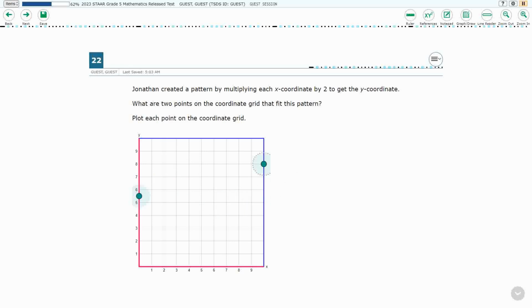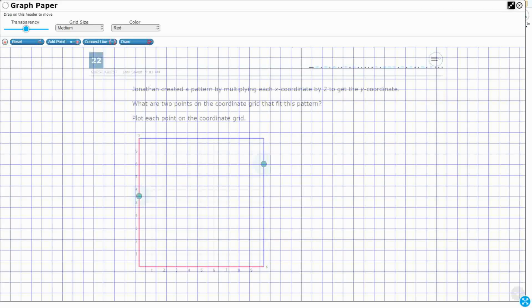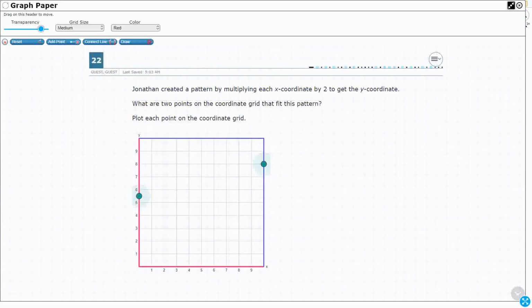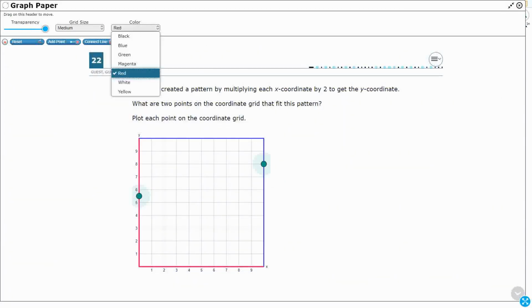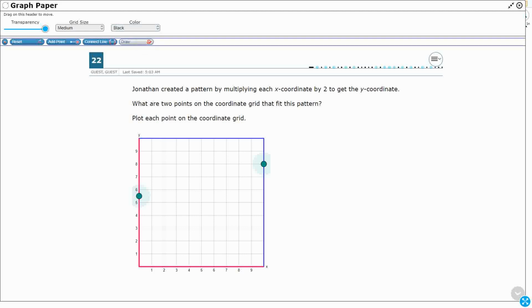All right, so let's take a look at what we are trying to do here. We need to take any x coordinate and multiply it by 2. Let me see if I can represent this in a mathematical equation.